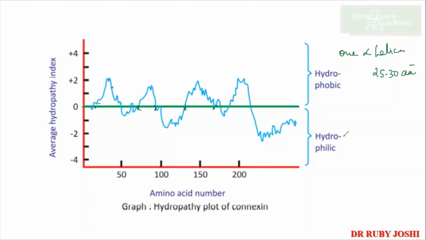So at least we know that it is more than 25 to 30 amino acids and it is coming in the hydrophobic region. So we can make a guess that at least 4 are present. We are not sure, but at least 4 are present. There might be more. But from the hydropathy plot, you can understand that at least 4 alpha helices might be present. Did everyone get this point? Like how to calculate? Yes, ma'am. Okay. Good.